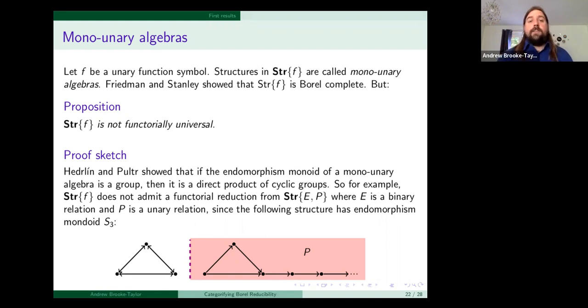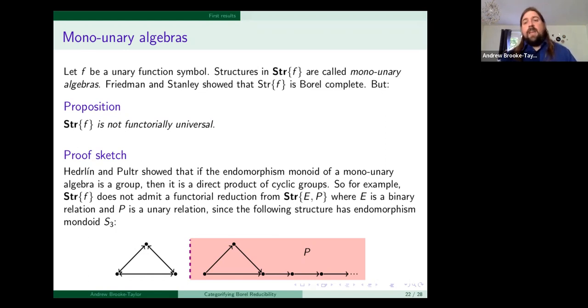So we do have a difference from standard Borel reducibility. Actually, let me briefly say, the ideas I'm presenting here, even back in the original Friedman and Stanley paper, they mention the idea of categorifying things, but they say, oh, we're not going to pursue that because we don't feel there might be many positive results.